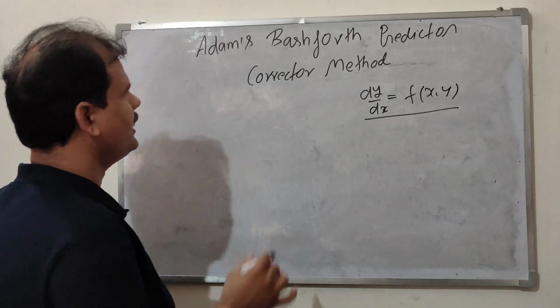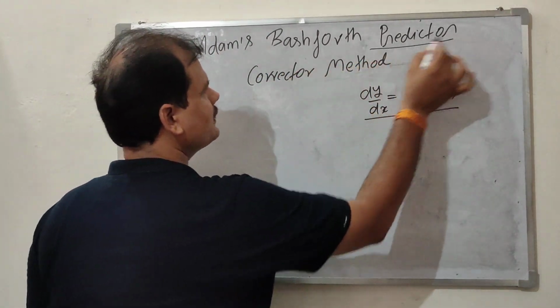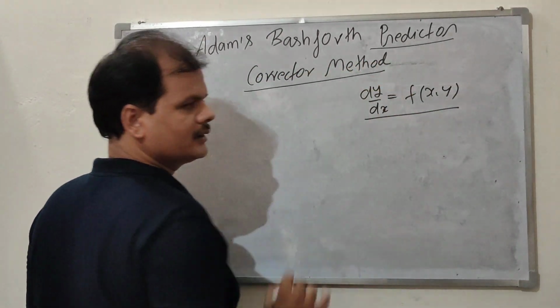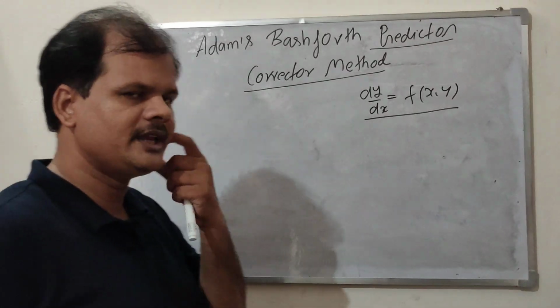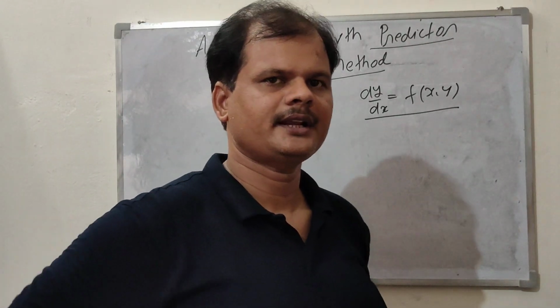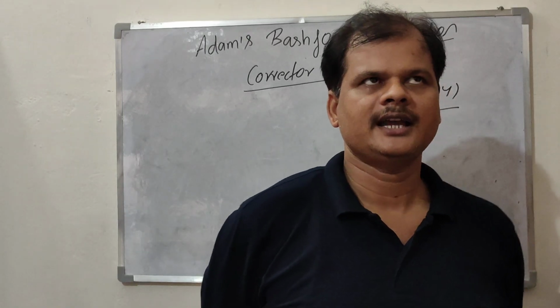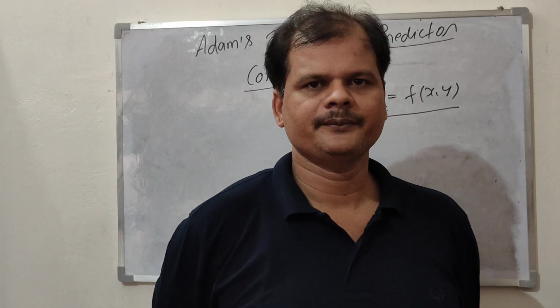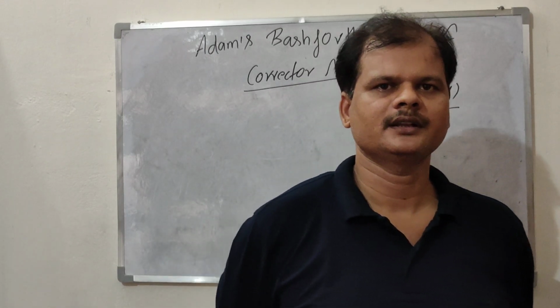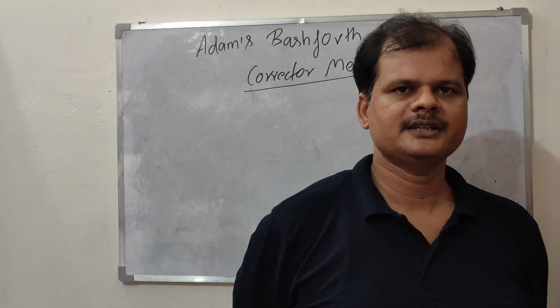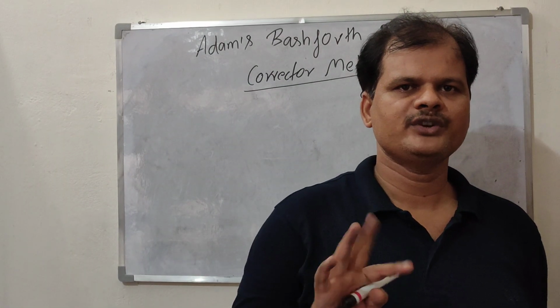If you see the name, we have the predictor-corrector method. Before that we have previous methods like Runge-Kutta method and Euler method. Those methods are single step methods, and this is a multiple step method. Means we have two steps here.